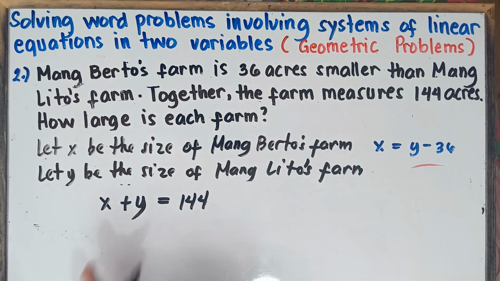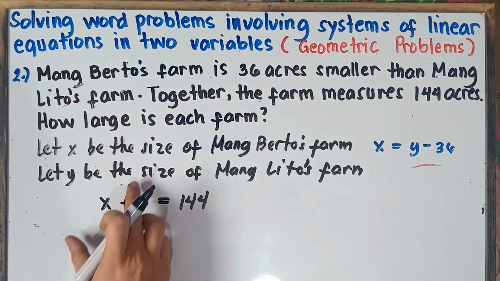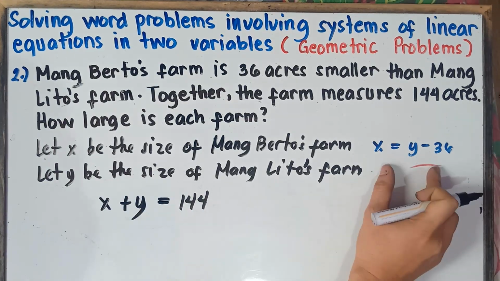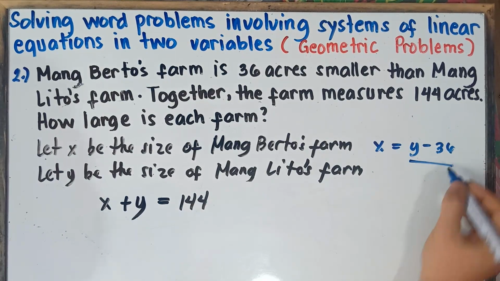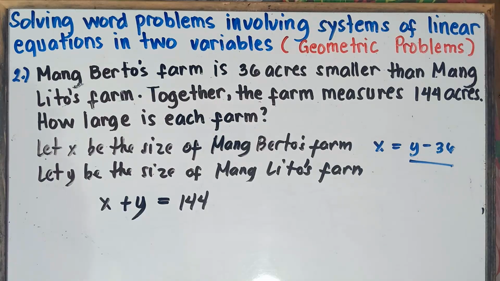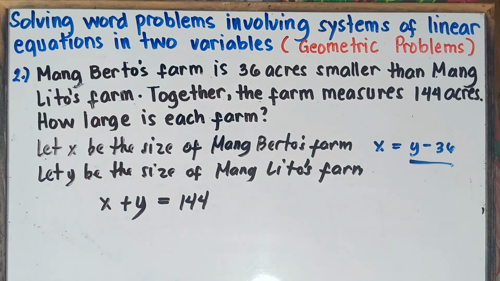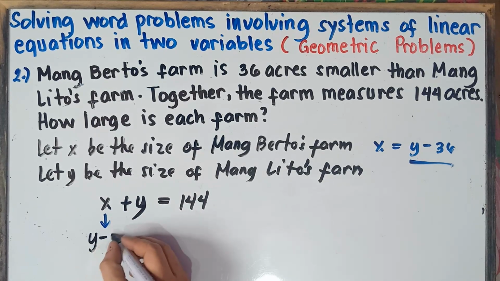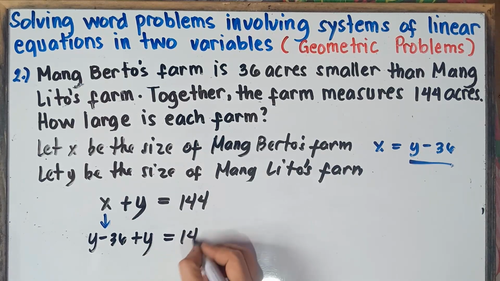Since we already have the value of X, which is Y minus 36, simply substitute the value of X. So Y minus 36, copy, plus Y equals 144.